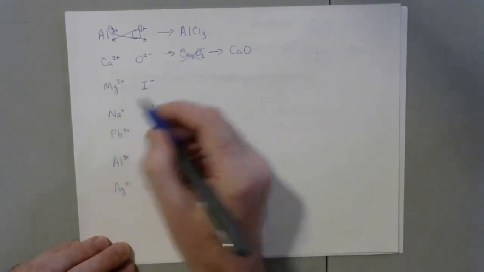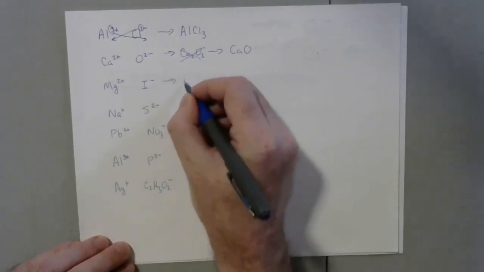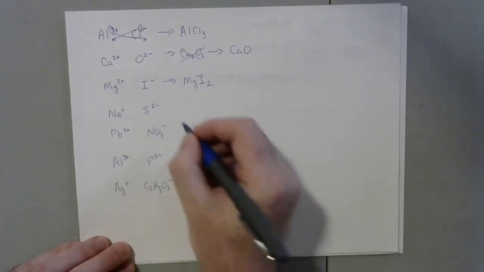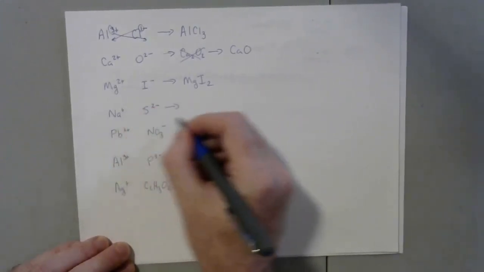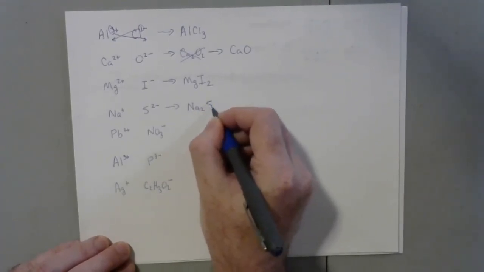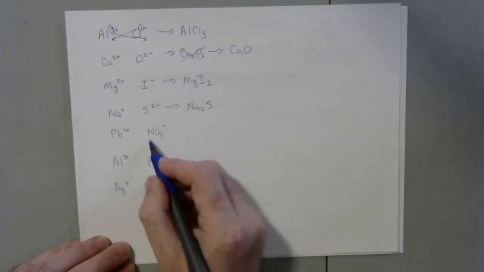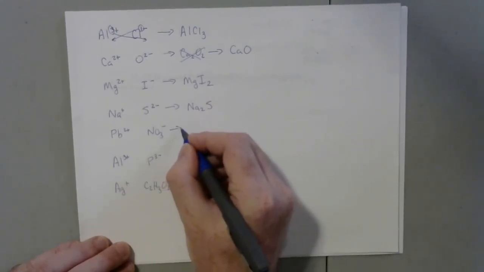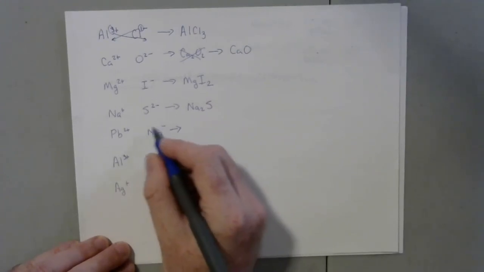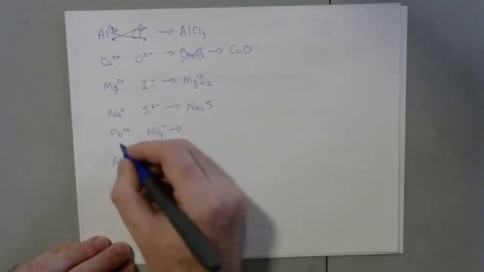If we crisscross these, we're going to get MgI2. Then when we do these, we're going to get Na2S. Now here we've got one that's got a polyatomic ion in it. That means I'm going to need 2 nitrates, but I need 2 of that whole thing, and then 1 lead.